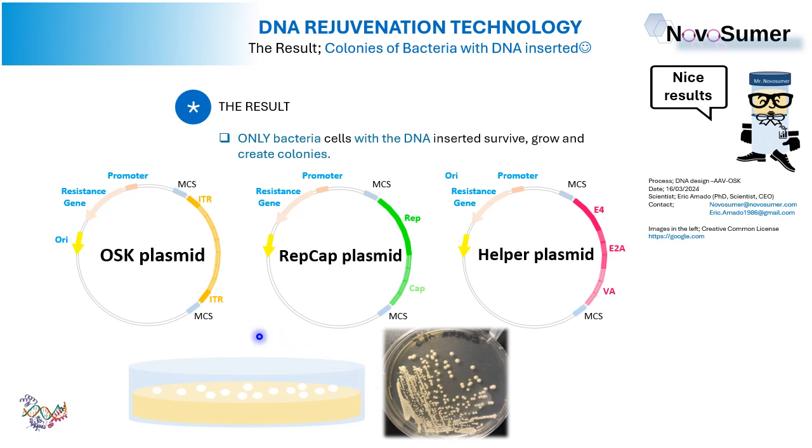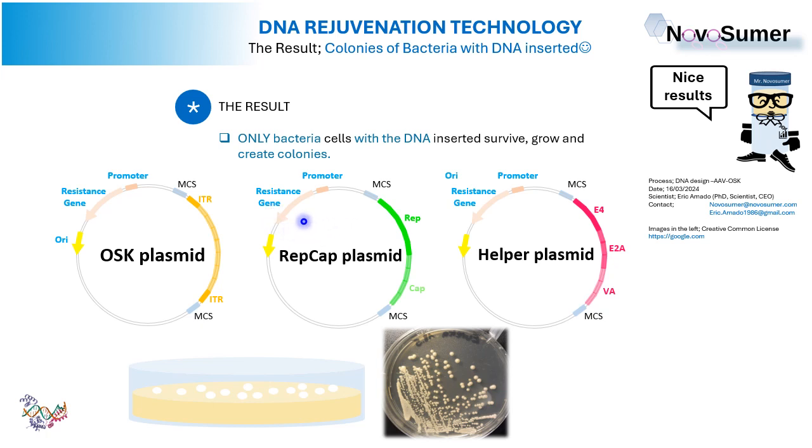Do you remember the three DNAs? The OSK DNA, the RepCap DNA, and the helper DNA? In these three plasmids, we have a region that is called the resistance gene, as you can see here.